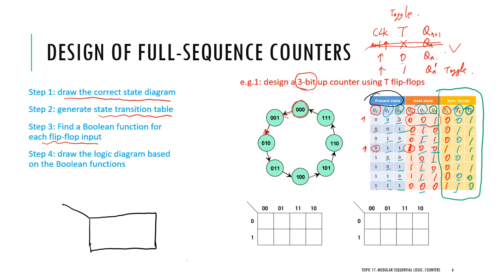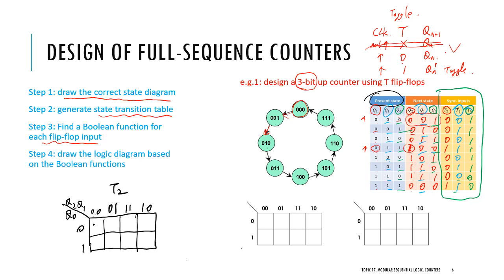So the input in this map would be, let's try this. So Q2, Q1, Q0, 0, 0, 0, 1, 1, 1, 1, 0, 0, 1. Okay, 0, 0, 0. So this is for T2.